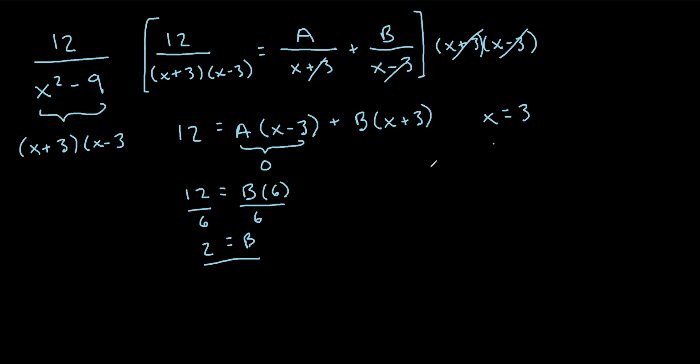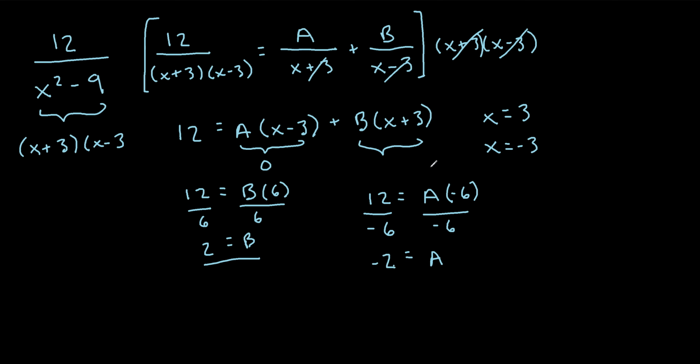And we can do the same thing to solve for a. If we instead chose x to be negative 3, this whole expression would become 0. And we would have 12 is equal to a times negative 3 minus 3, that's negative 6. So a times negative 6. To solve for a, we divide both sides by negative 6, and we get a is equal to negative 2.